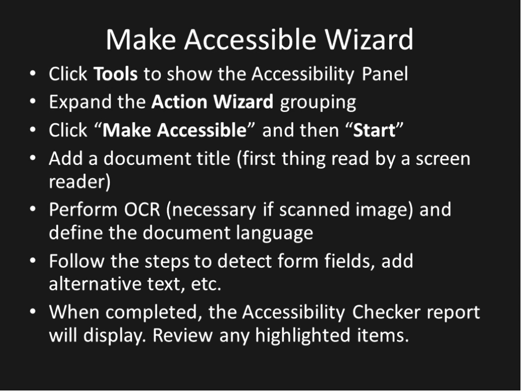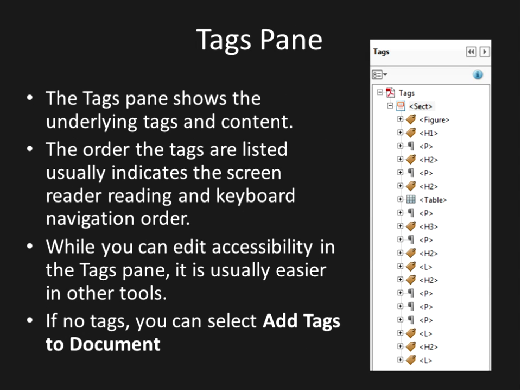This is something you probably should run on every PDF document just because it addresses some accessibility aspects that you can't really address in another easy way. Things like document language that are embedded within the Acrobat file. The Make Accessible wizard makes it very easy to identify those issues and to address them.